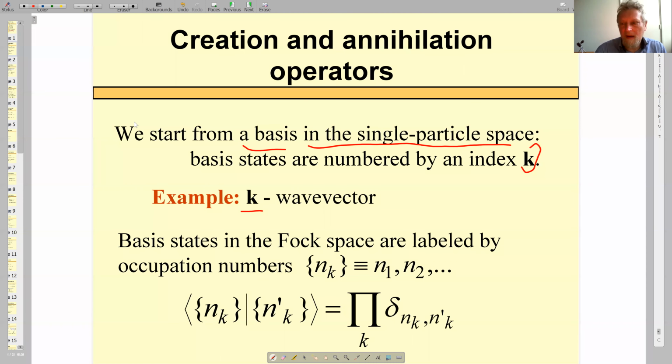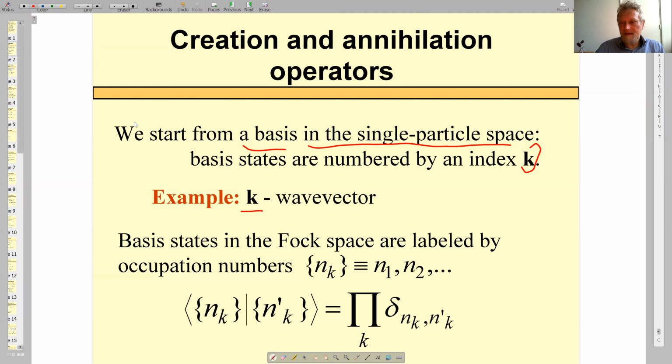Right? And now I recall Fock space. What we want to recall about Fock space is that the basis of this space is made of so-called number states.